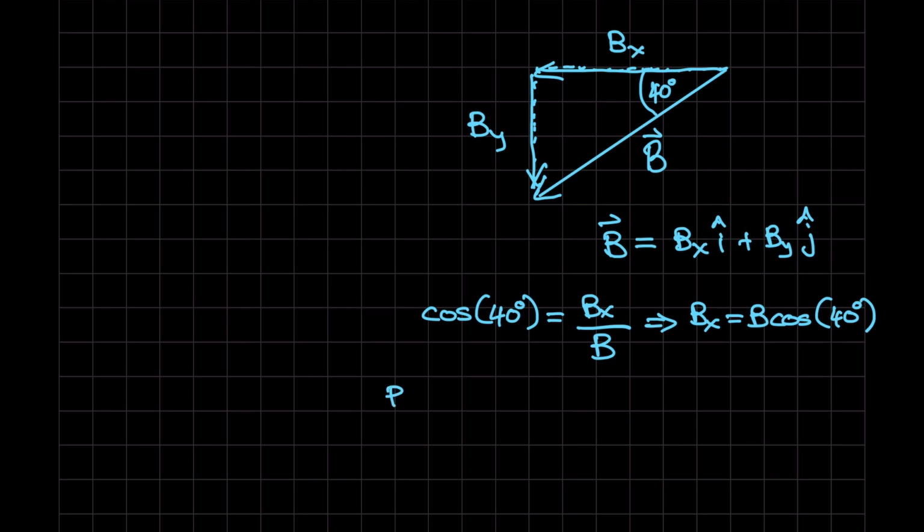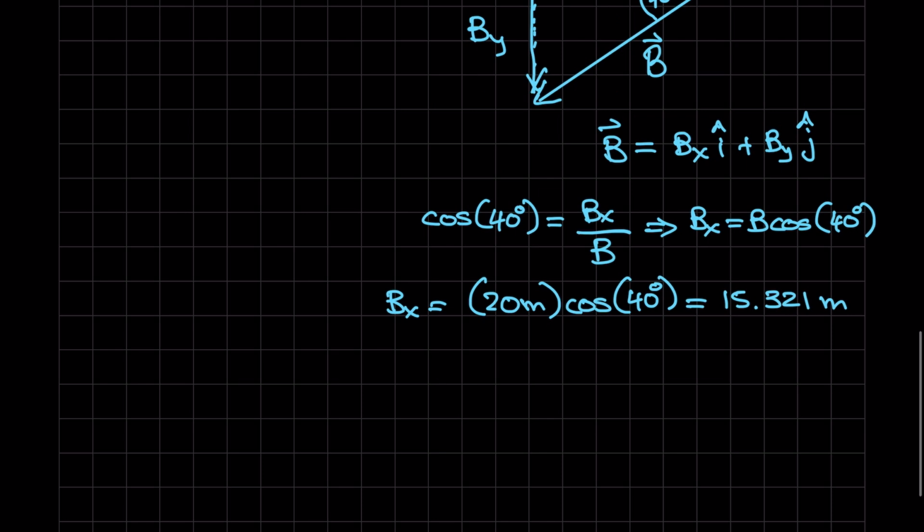So Bx is equal to 20, the magnitude of B, times cosine of 40 degrees, which is equal to 15.321 meters. So that gave us Bx.